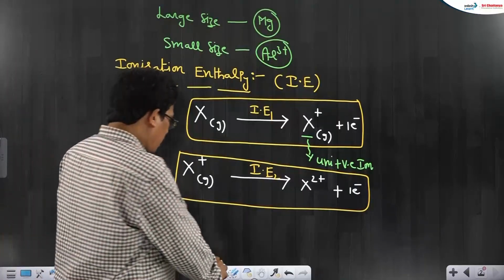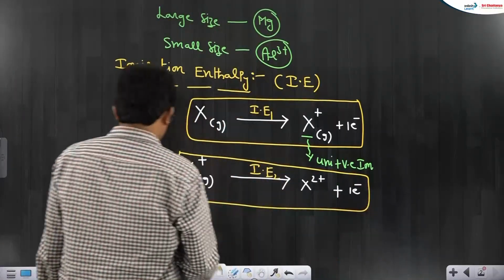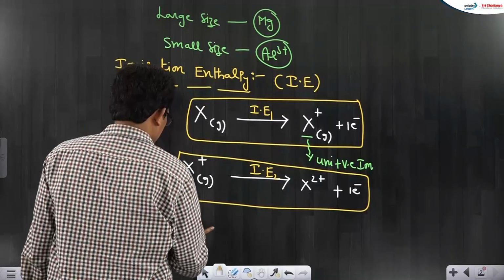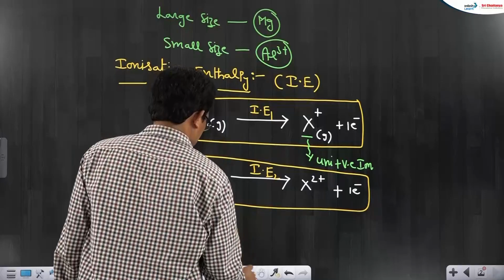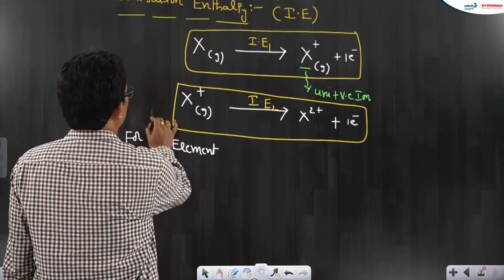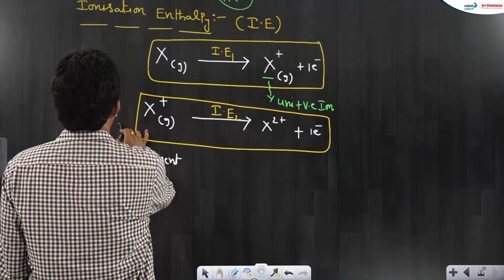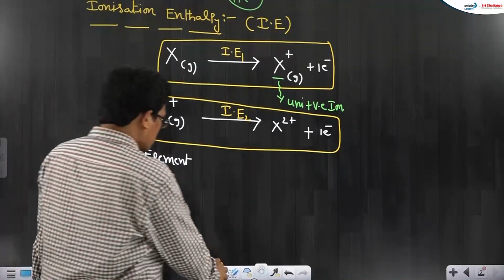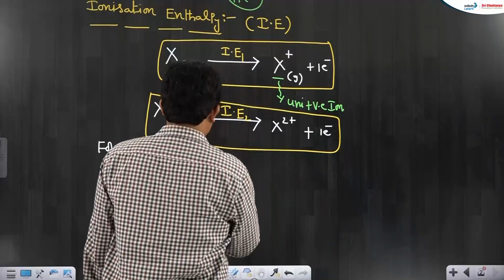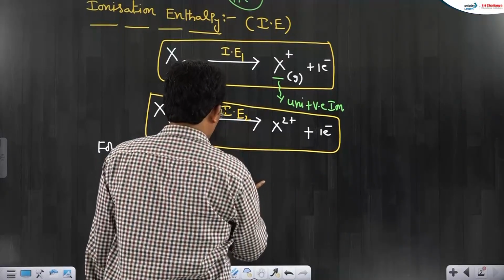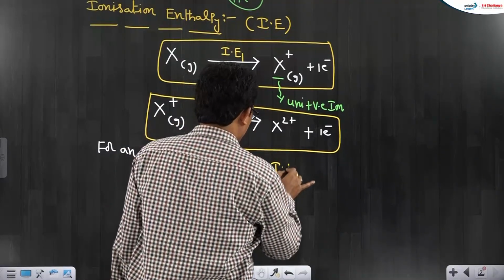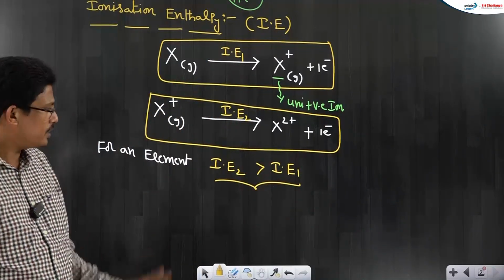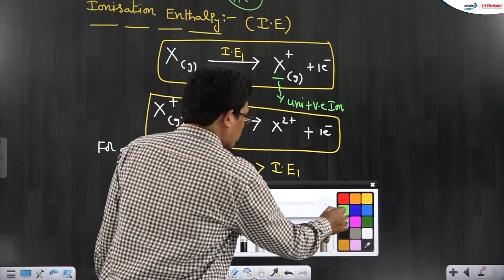If you observe the order of ionization energies for an element, the IE2 value is always greater than IE1. The reason is effective nuclear charge.